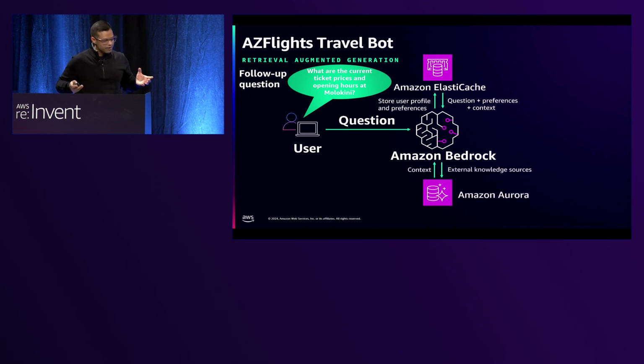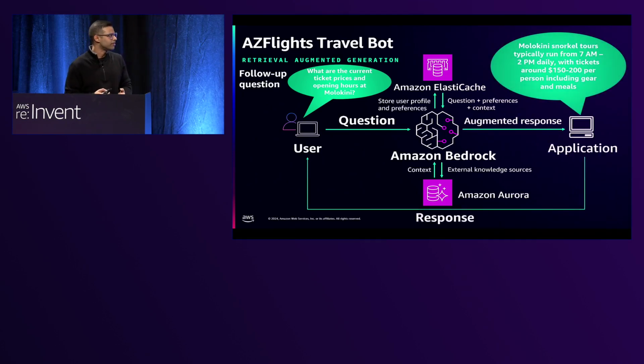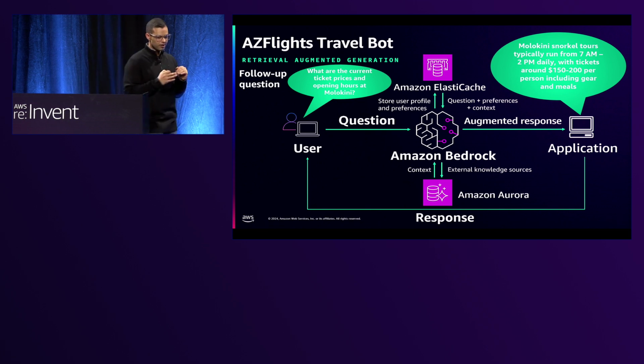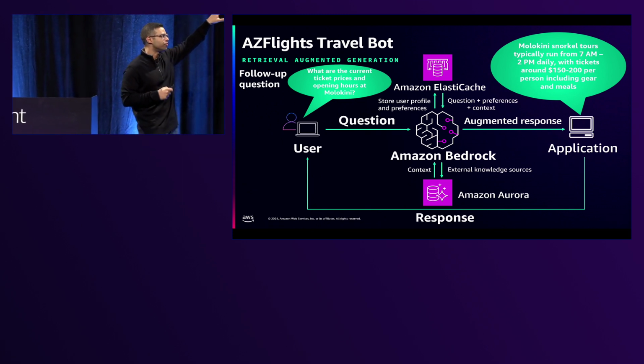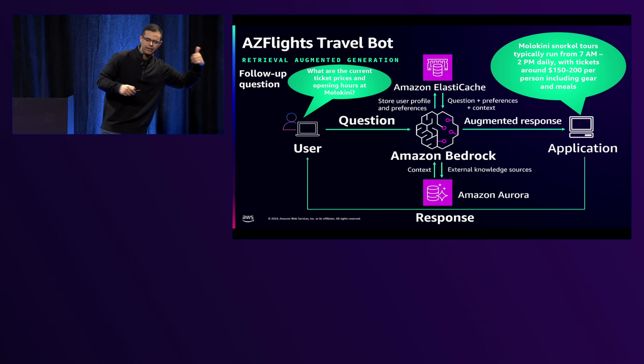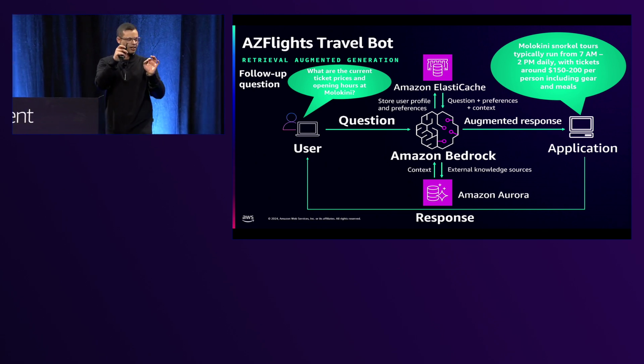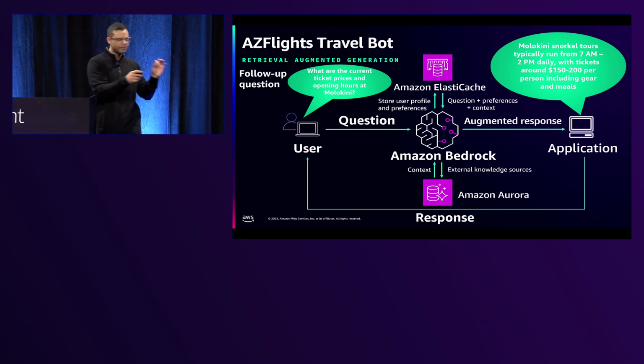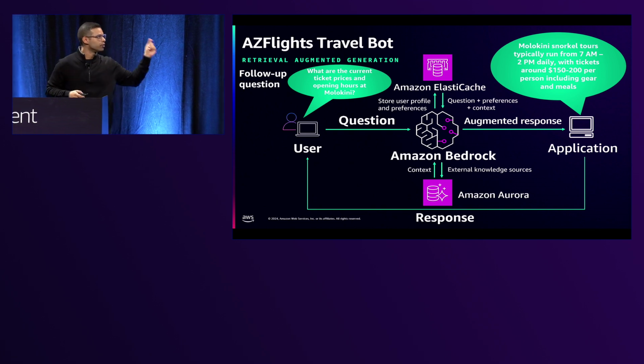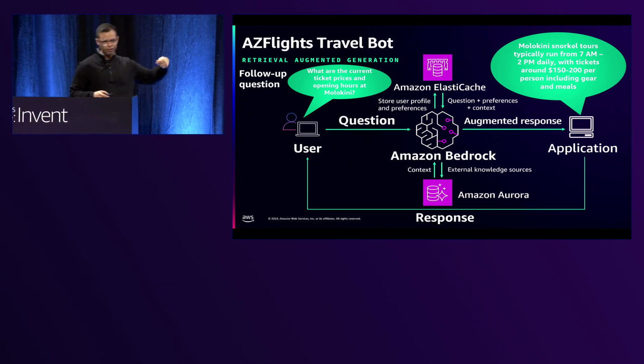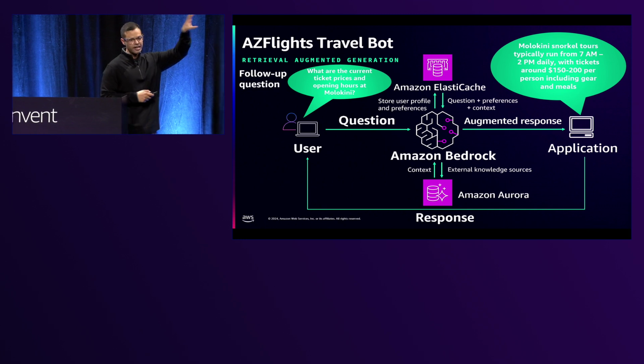Augment that with some current ticket prices, some frequently asked questions, some current opening times, closing times from your relational database, which is what is storing all of that data, and send it back to the LLM, which will give you a tailored response based on whatever your preferences were, based on whatever the context we have. Currently, this is the best time to enter. This is the price of the tickets, and this is what you'll need to pay for meals, et cetera, right? Pretty tailored and standard response.